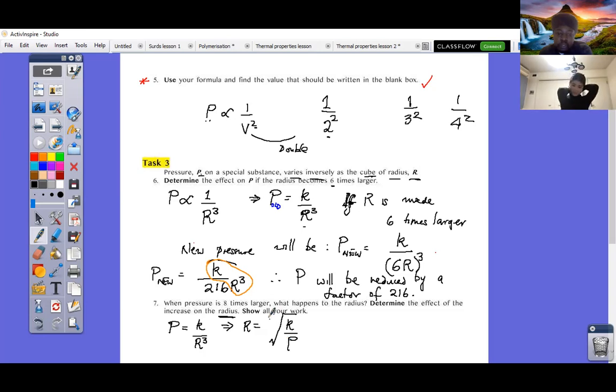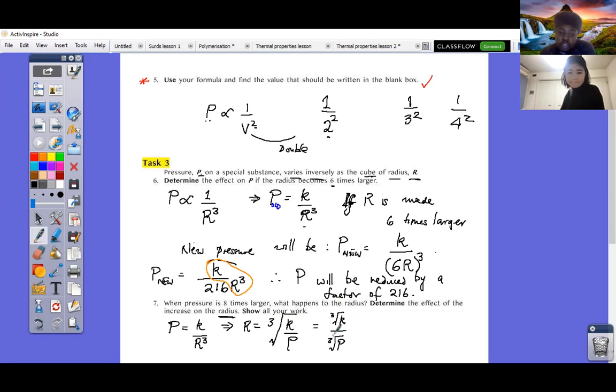A small 3, very good. And this is what we call the cube root, okay? And you can rewrite this as cube root of K at the top over cube root of P at the bottom, okay? So far, so good.